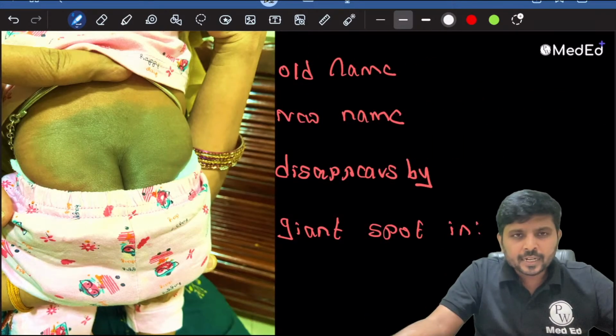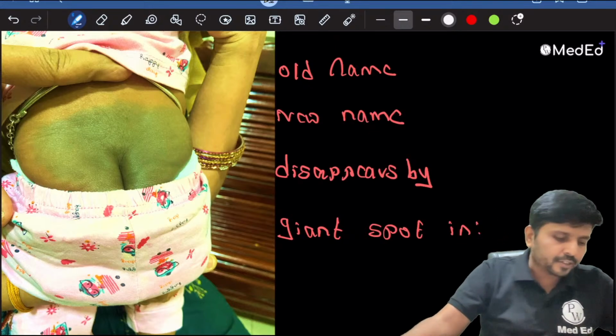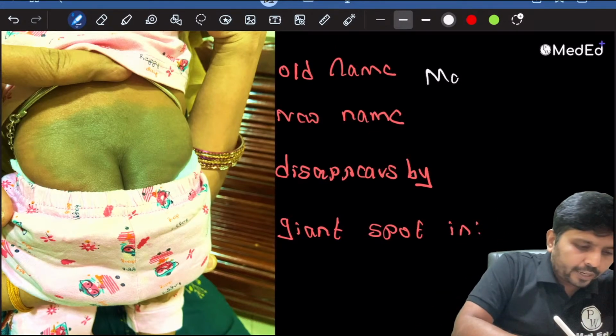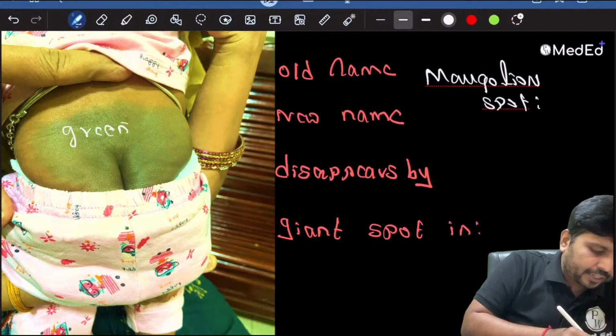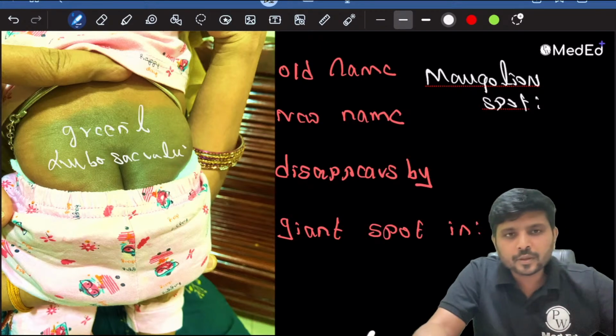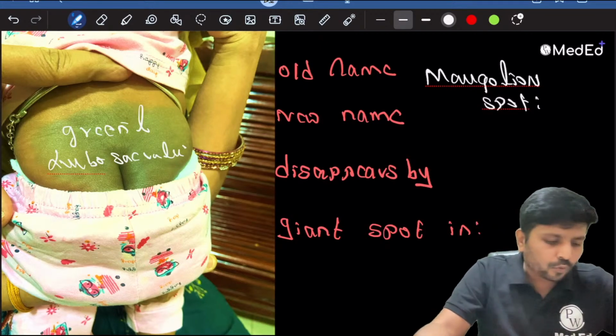What is this? A greenish patch in the lumbosacral region. This is a Mongolian spot. Greenish where? Lumbosacral region. What is the new name?